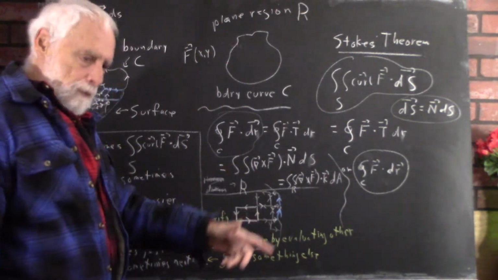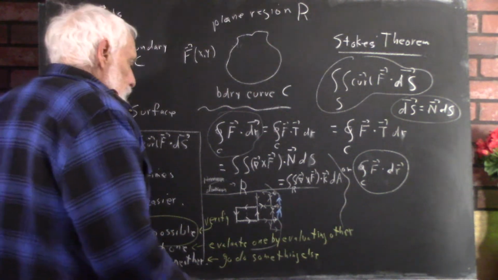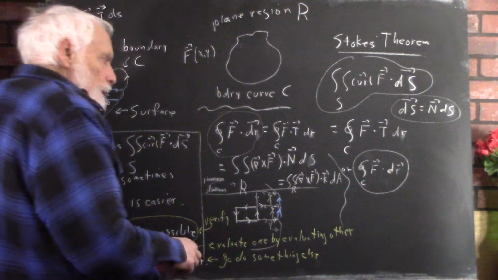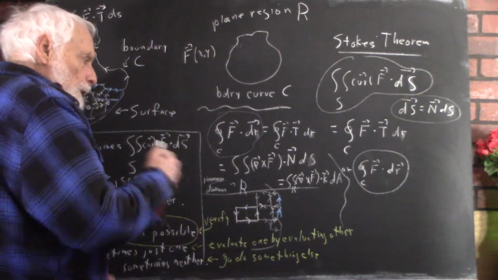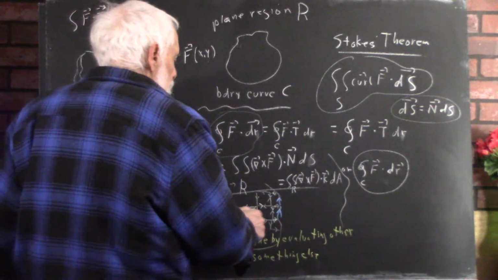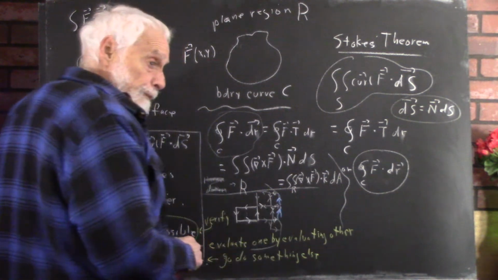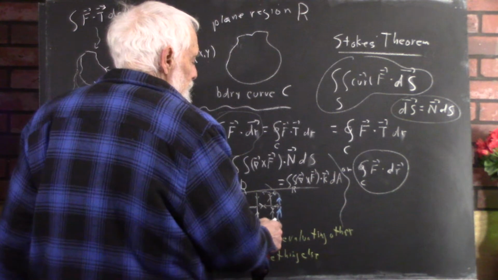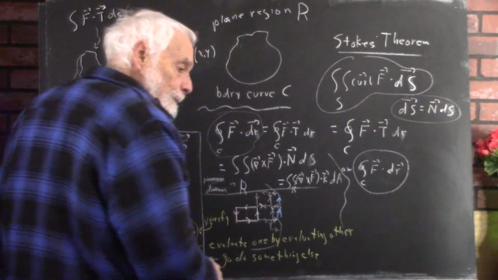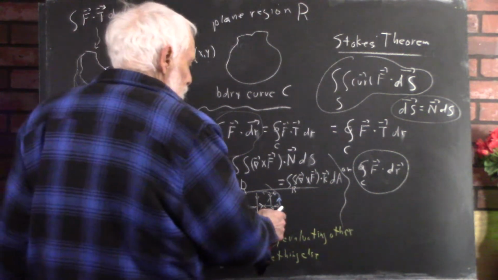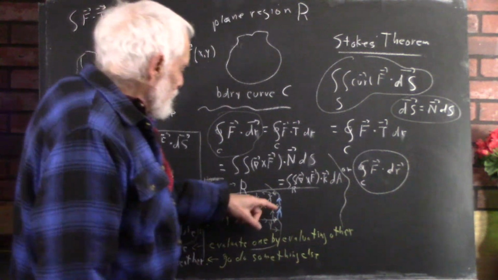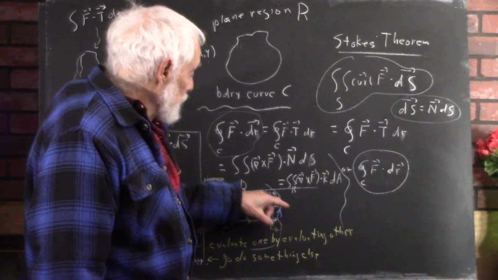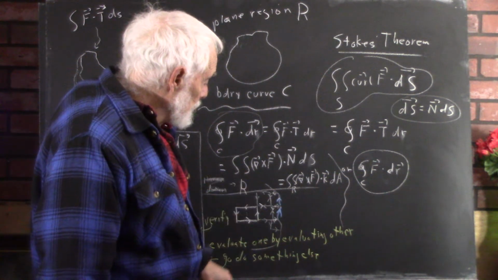Just as when we proved Green's theorem, we could break our region enclosed within the boundary, our plane region R, into little rectangles, with the exception of those rectangles that would intersect the boundary, in which case we have something that's three sides of a rectangle but truncated by this boundary.